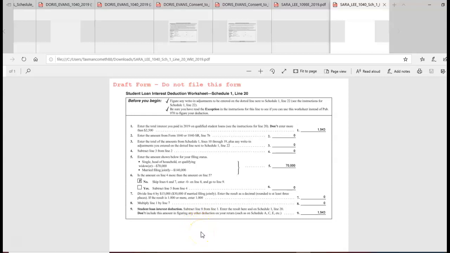Everything I'm walking you through is based on the concept of you actually learning how to do this by hand more so than by software. With software, you go to an entry in the software, put in the dollar amount, and it carries it over to this worksheet for you and does all the calculations. That's the greatest difference when it comes to preparing individual income taxes and learning to prepare them by hand versus someone who strictly learned using software.